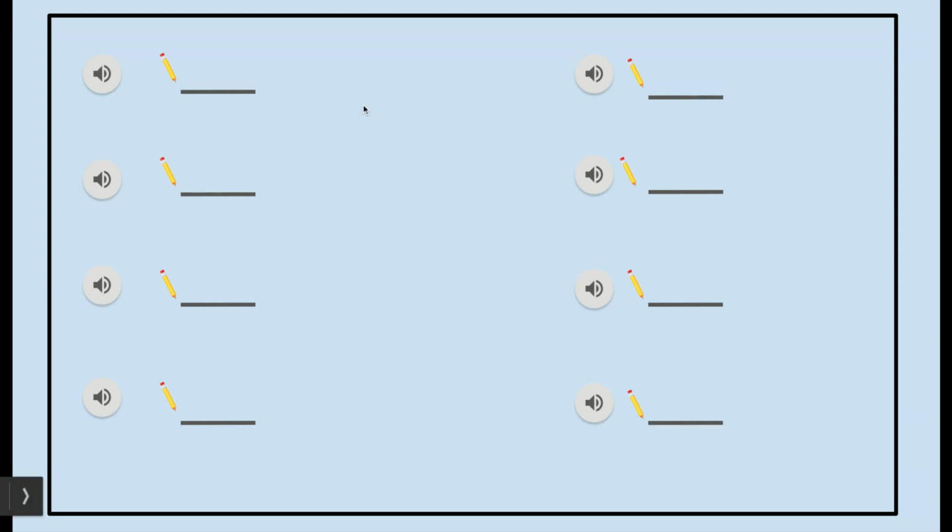Listen as I replay each sound. Check the letters that you wrote. Ready? The first one. N. The second one. Number 3. Number 4.